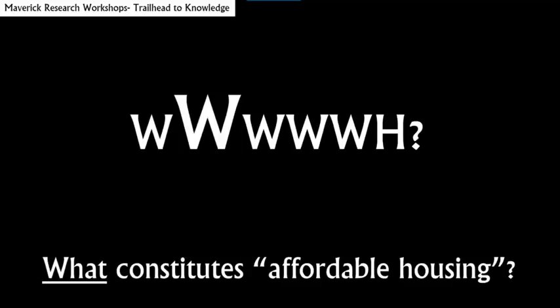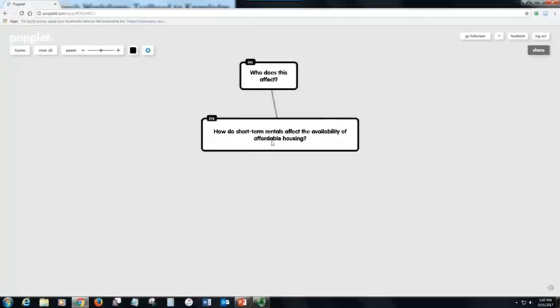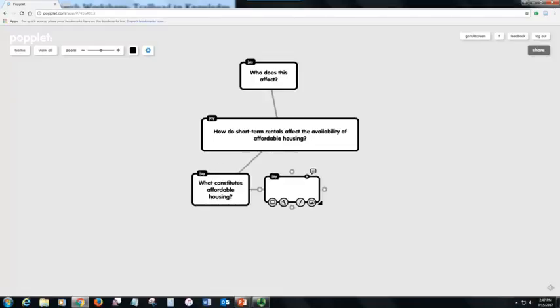What constitutes affordable housing? I kind of need to do some sort of defining there, don't I? So let's go back to my word cloud. I'm going to say, what constitutes affordable housing? Question mark. So, gaining context here a little bit.